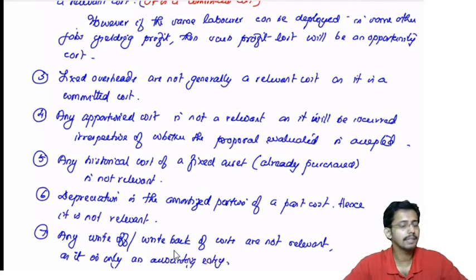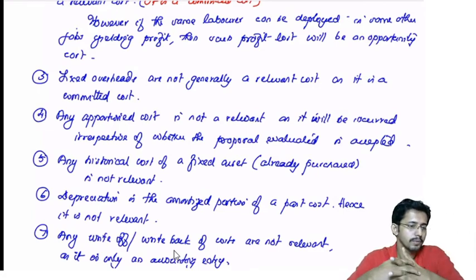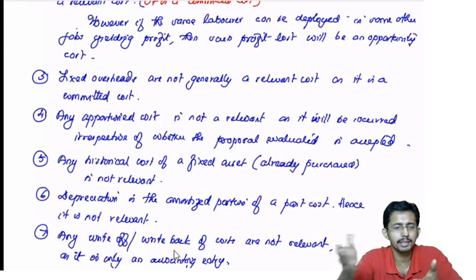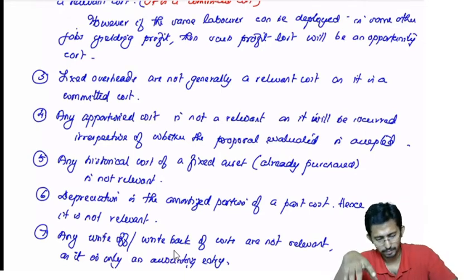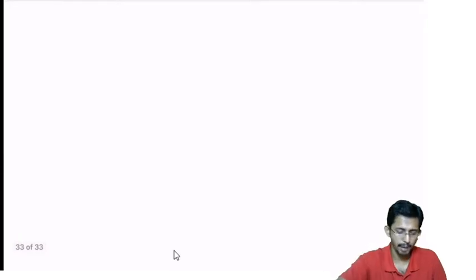See, you had incurred certain costs earlier. Now you are going to write it off. Is it a relevant cost? No, it is not a relevant cost because you have already incurred it. And the write-off is only an accounting entry. It is not going to affect your decision whether you accept this proposal or not. You are going to write it off either this year or next year. So it is not a relevant cost. Is it clear? Okay, these are the general points which you need to keep in mind.